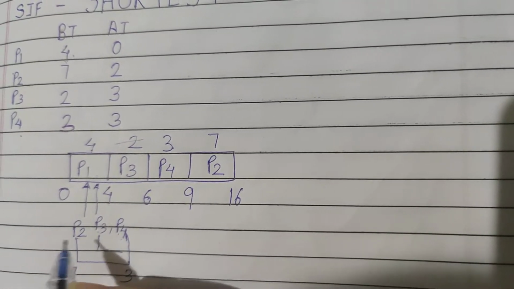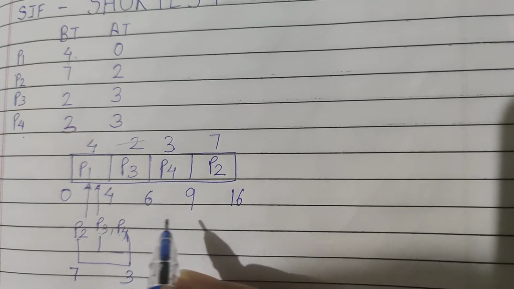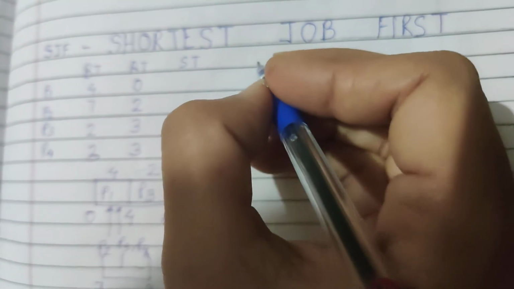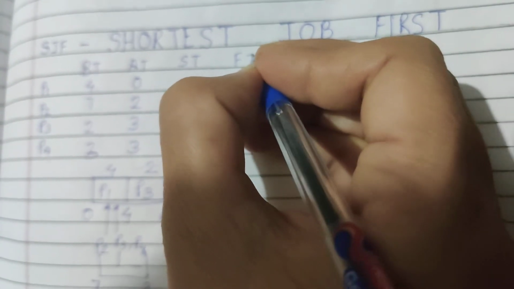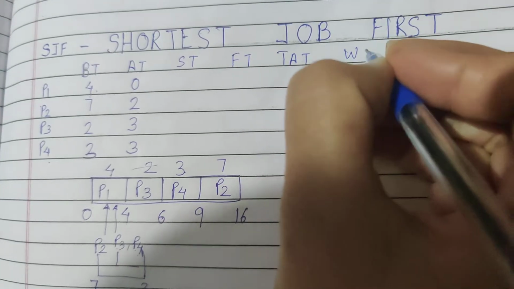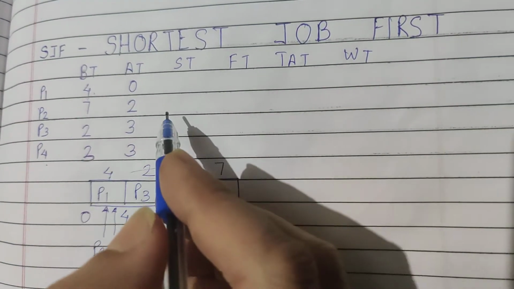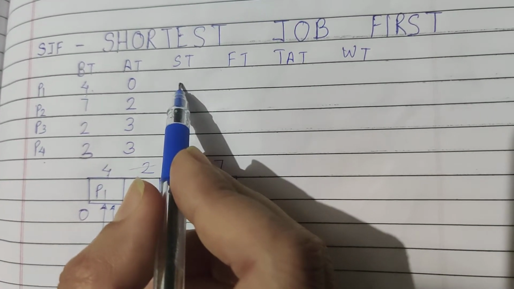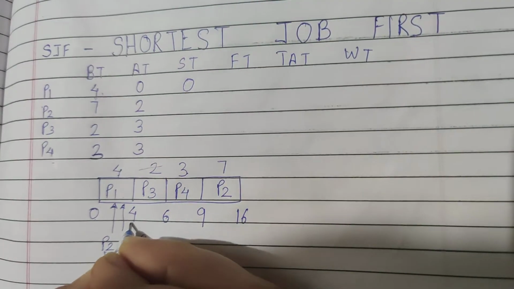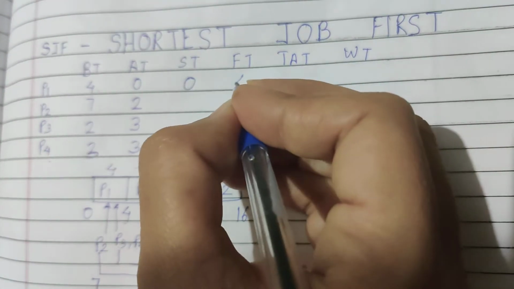After the Gantt chart we have to calculate the start time, finish time, turnaround time and waiting time. First the start time for P1: P1 start time is 0, finish time is 4.